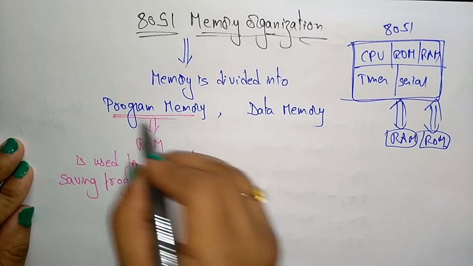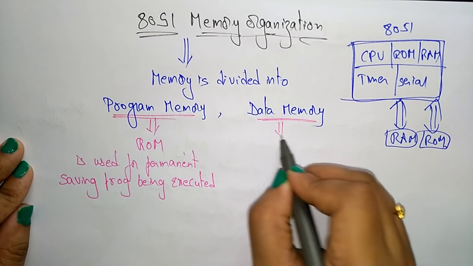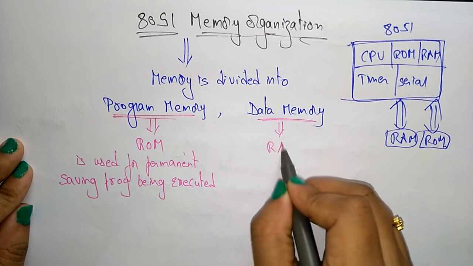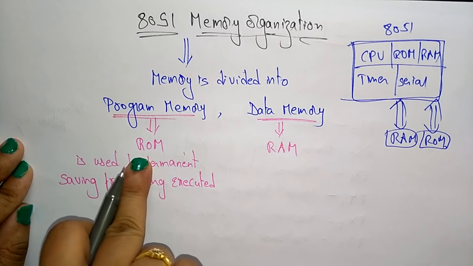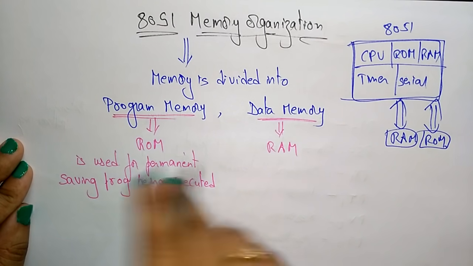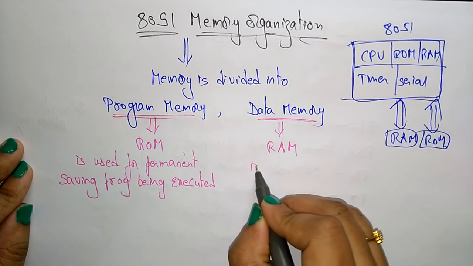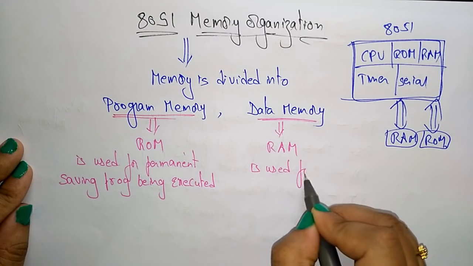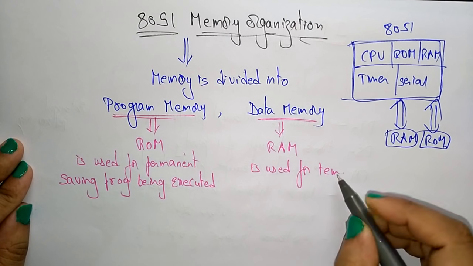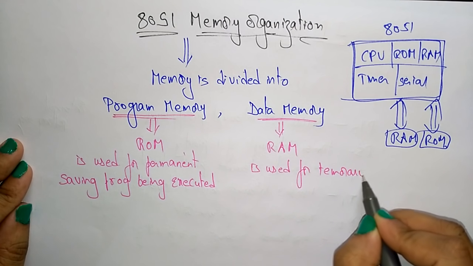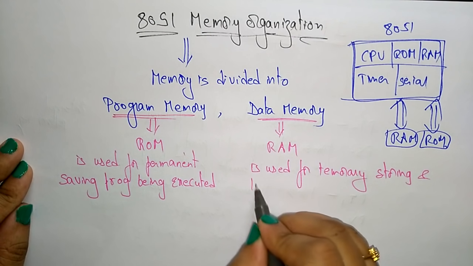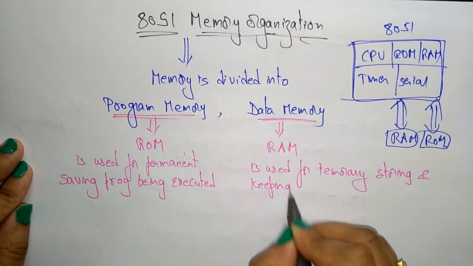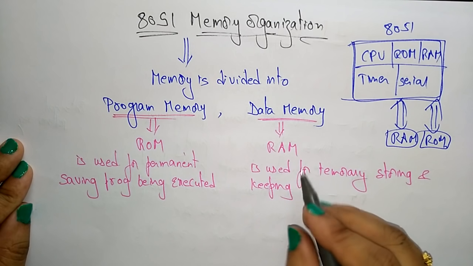So ROM is nothing but a program memory, and data memory is nothing but RAM. So a data memory is stored in RAM and the program code will be stored in the ROM. Okay. So RAM is used for temporary storing and keeping intermediate results, variables.